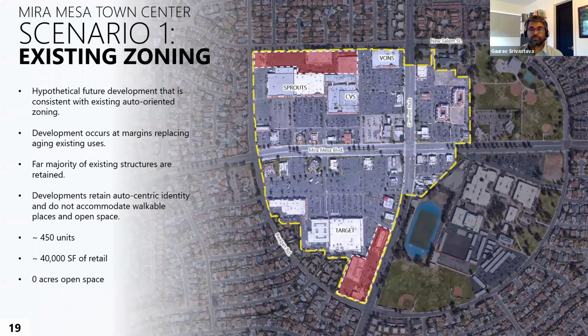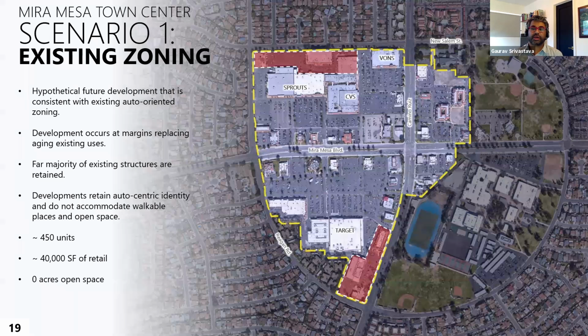So this is our first scenario, and this is based on the existing zoning policy that the city currently has in place for these 80 acres. It's commercial, auto-oriented commercial with some opportunities for residential.